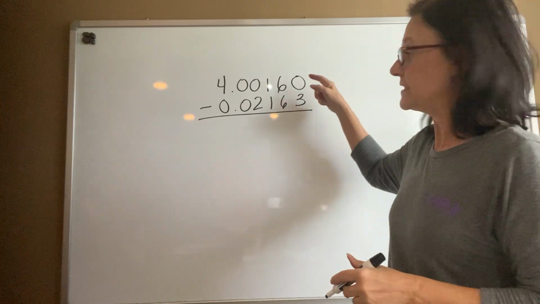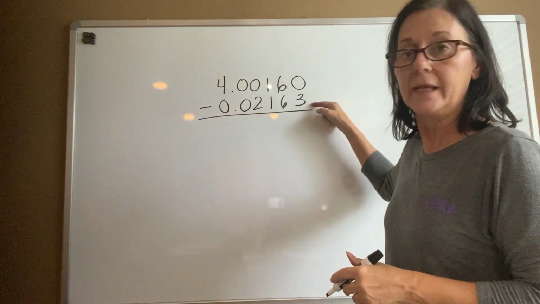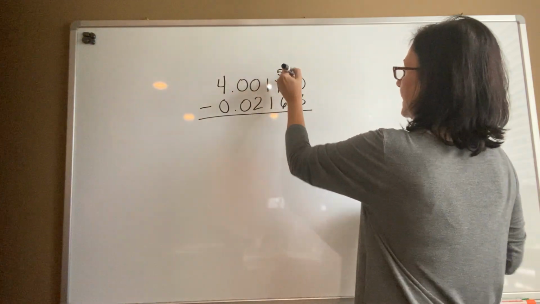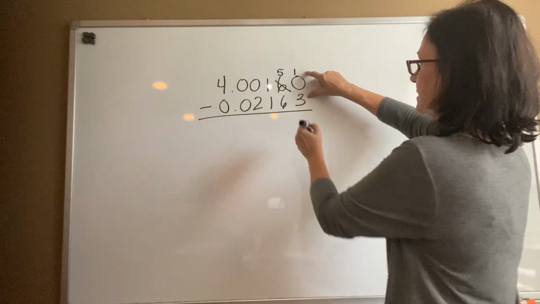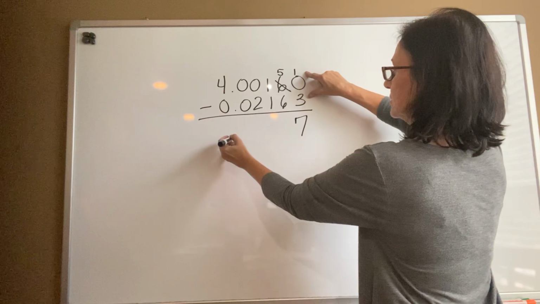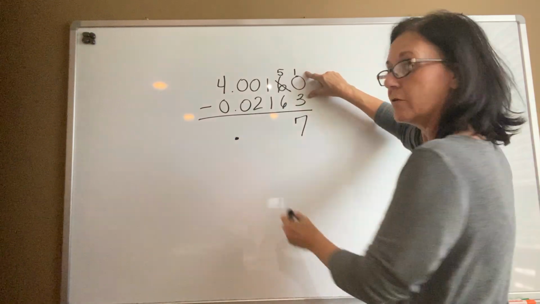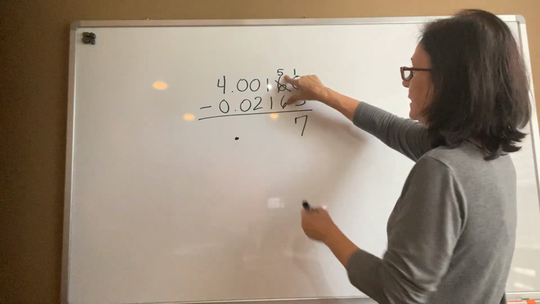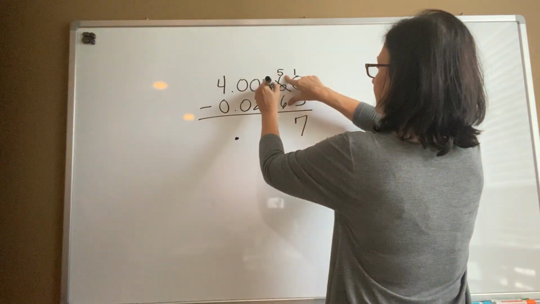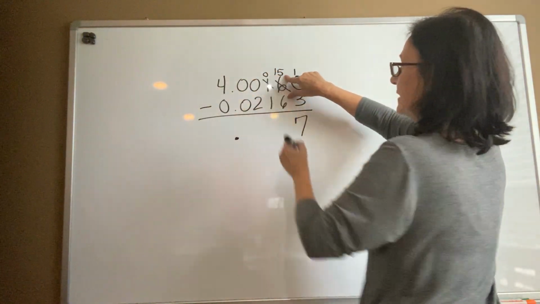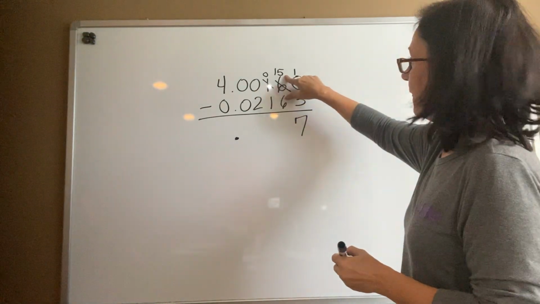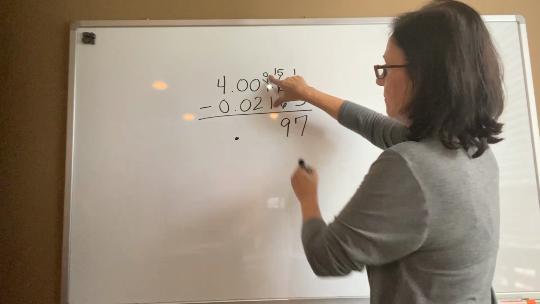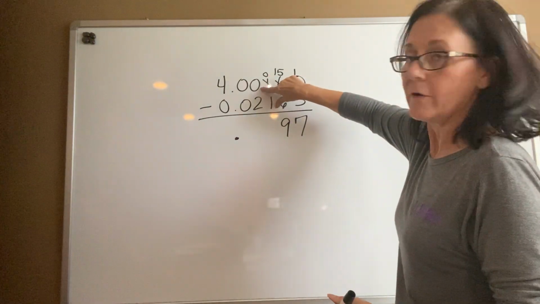I can't say 0 minus 3, so I have to go to the previous one and borrow. I make that a 10. 10 minus 3 is 7. I also line my decimal places up. That's where it's going to go in the solution. 5, I can't take 6 from 5, so I go to the previous one and I borrow and make that 15. 15 minus 6 is 9. I can't take 0 minus 1, and I can't borrow from 0.